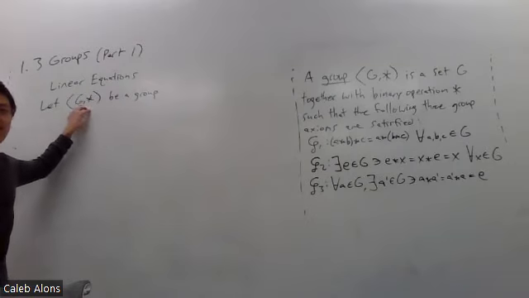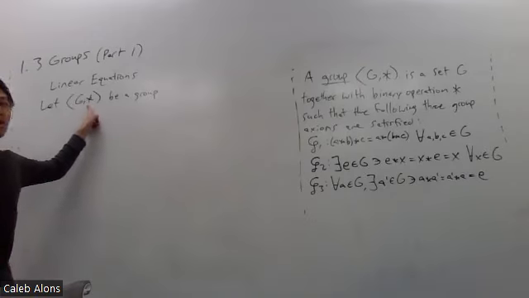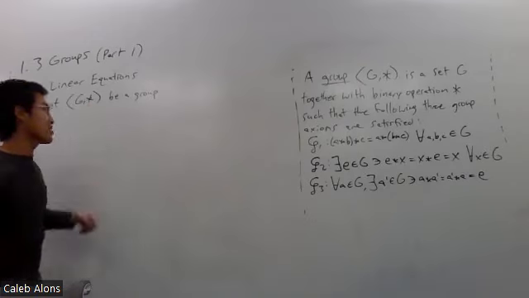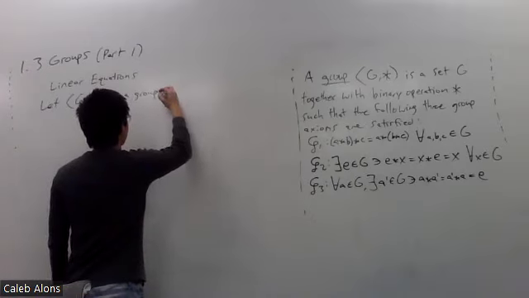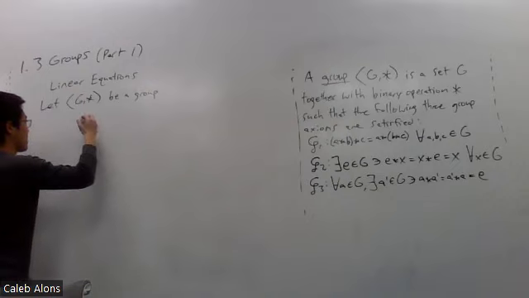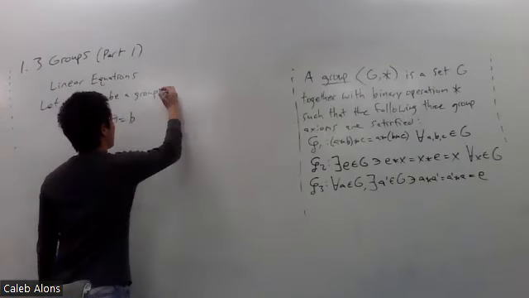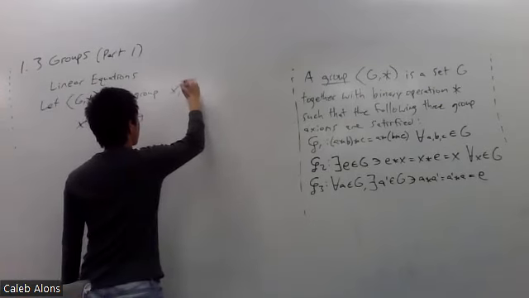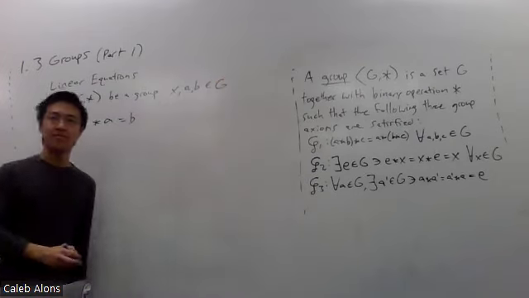They're implying all of this stuff though. If they just give you the letter G, just assume that star is the general operation, unless it's explicitly stated. And then I'm going to need some elements. Let's do something like x star A equals B. So I'm going to choose some x, A, and B in my group.